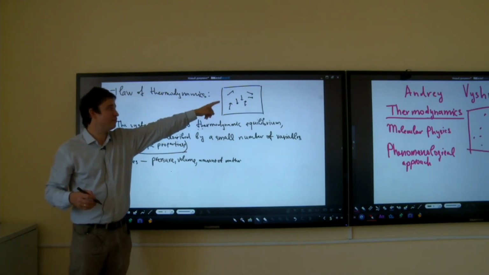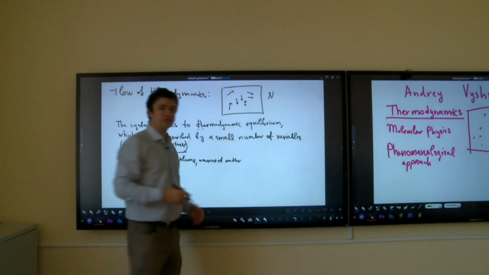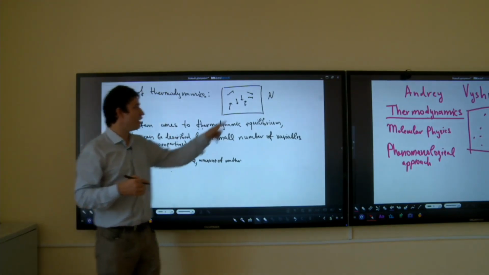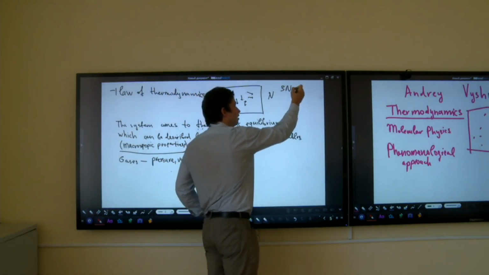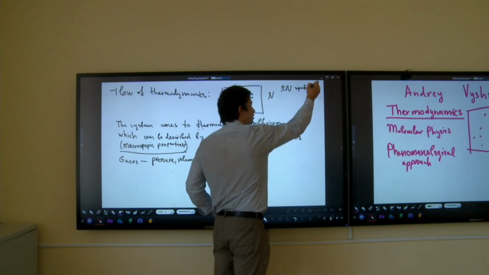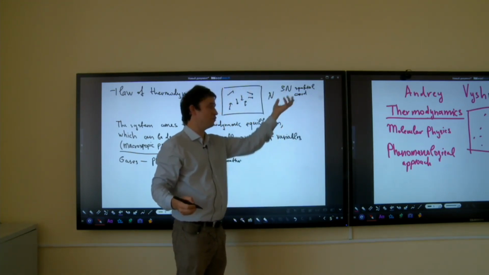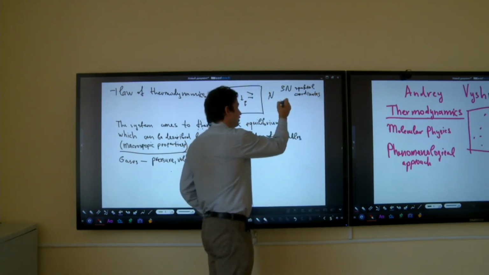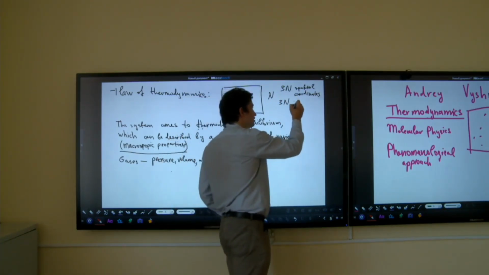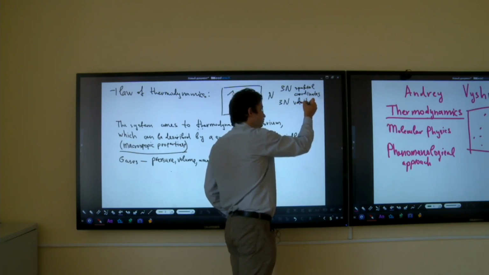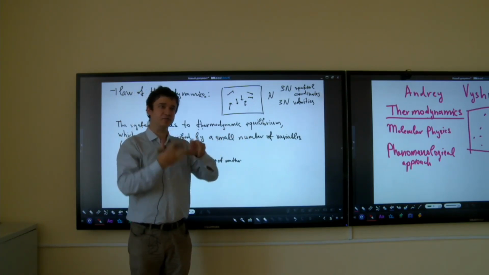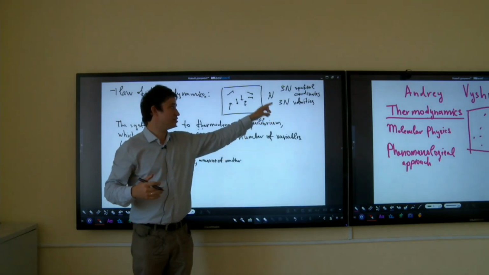So if we have n particles here, to describe a microscopic state, to obtain full information about the state of this gas, I would need coordinates and velocities. If molecules have some complicated shape, I also need some angular positions, rotational velocities and rotational coordinates.